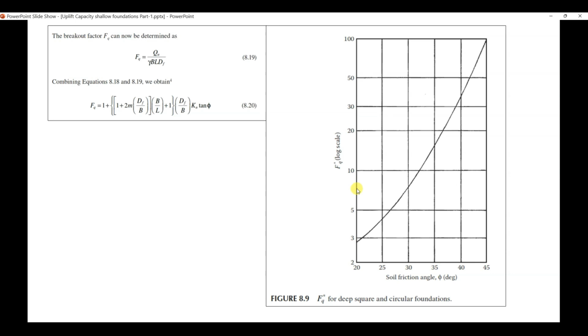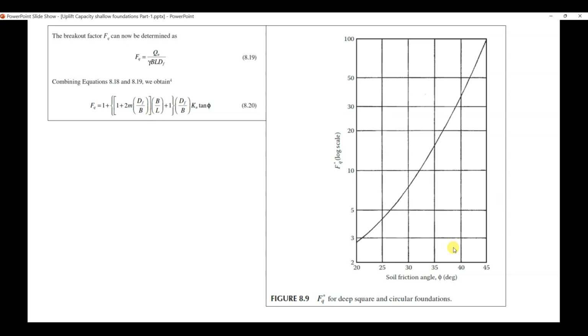Probably it is 8, right? It is 8. So whatever value you get from this equation cannot exceed this value, which for 30 degree is 8. However, in most cases, you will end up getting 2 or 3 from this equation. Okay, 2, 3, 4, etc. You can hardly reach the maximum value of 8.